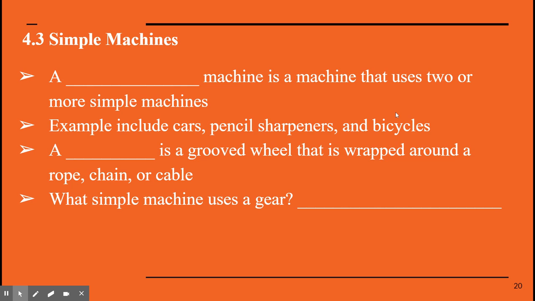And then with 4.3, compound machines. A compound machine is something that uses 2 or more simple machines to do a task. Most things that we use are compound machines. They have more than just one machine in them. Cars, the gear changer in your car is a lever.